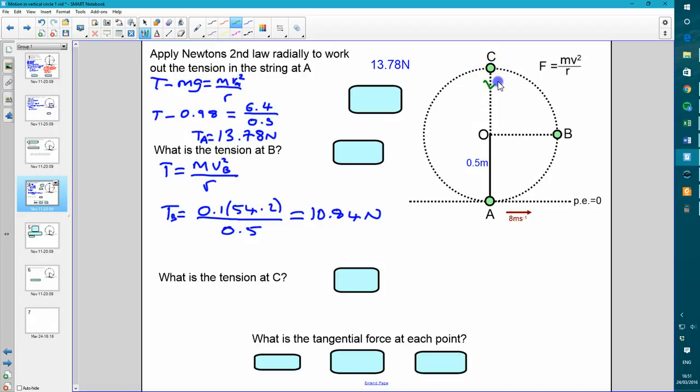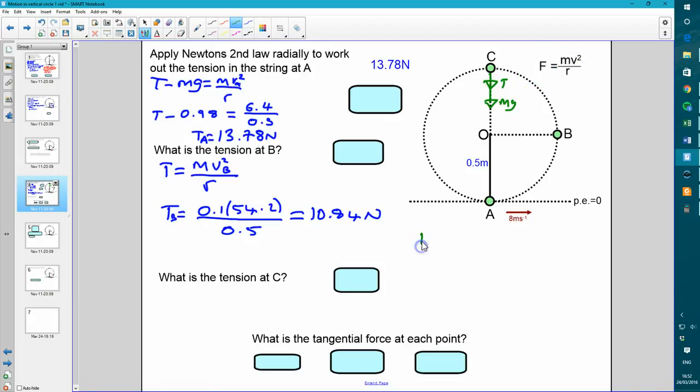I've still got my tension that's going to be going that way, and this time I'm also going to have my weight that's also going to be acting that way as well. Okay, so both things are going in the same direction. So my net force this time is going to be the sum of these. Yeah, so my net force towards the centre of the circle is going to be the sum of these.